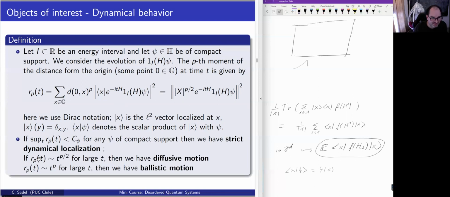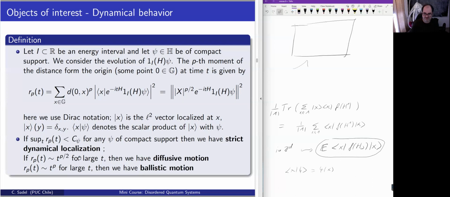If we have diffusive motion, then we expect that with time t we travel a distance of square root of t, and so this p-th moment grows like t to the p over 2. And for ballistic motion, we expect a fixed velocity, so the distance traveled is approximately proportional to t, and we expect that this p-th moment grows like t to the p.